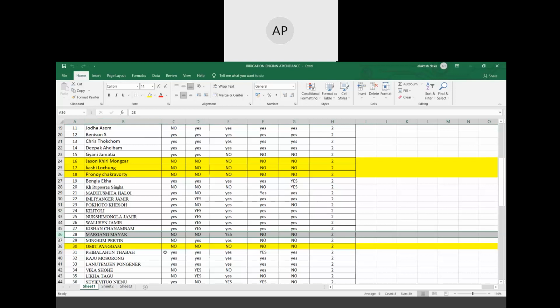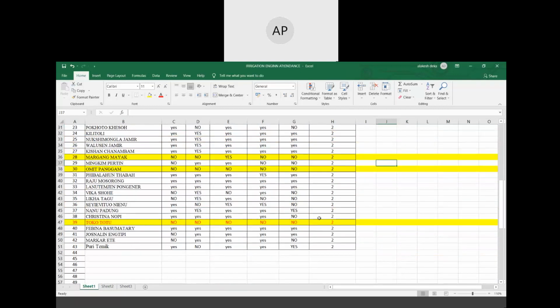No, I am talking about as a whole, not today's class. Those who have done classes, I know their names. Margak Mayang, this student is also very irregular. Only one class is done. Omit Pangang is totally absent.